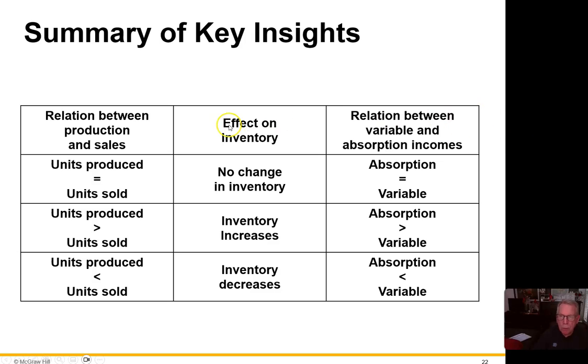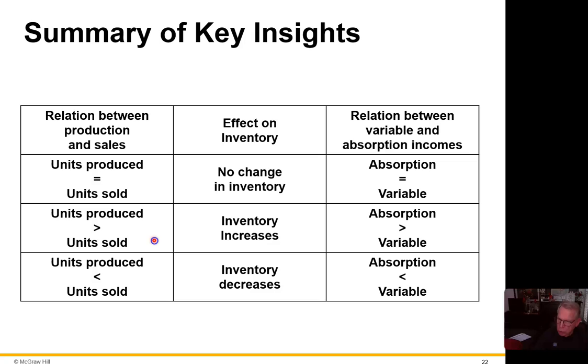Okay, so key insights here. The relation between production and sales has an effect on inventory, and there is a relation between the variable and absorption incomes. When the units produced equal the units sold, we have no change in inventory, and absorption costing equals variable costing.